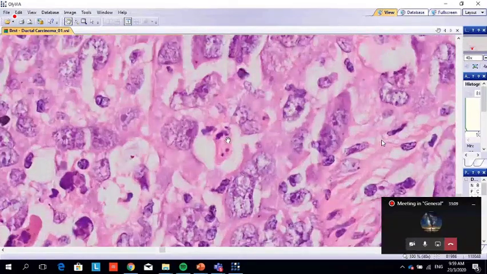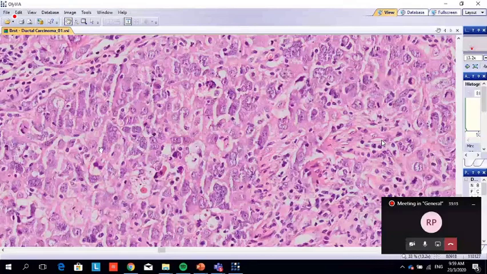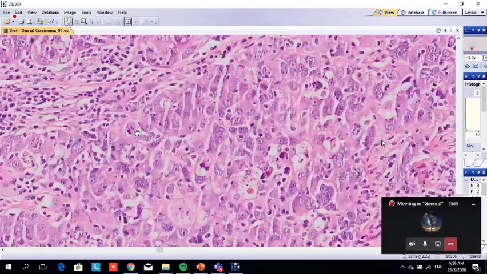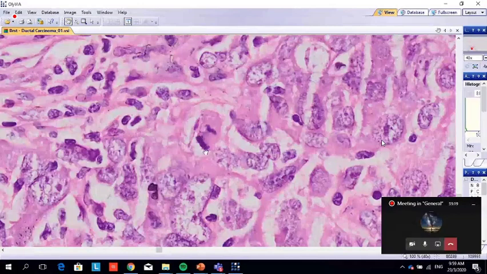See? Here. Can you see the mitosis? Which type of mitosis is this kind? Bipolar. Yes, bipolar.